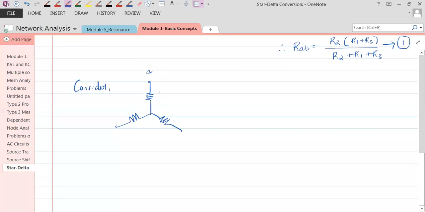This is A, B, and C. This is RA, RB, and RC.